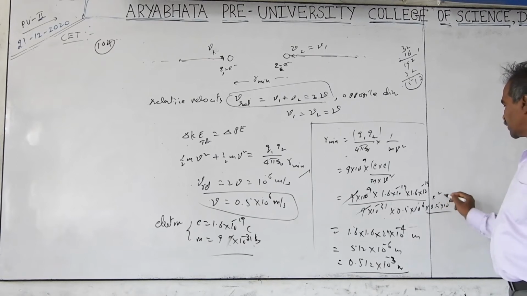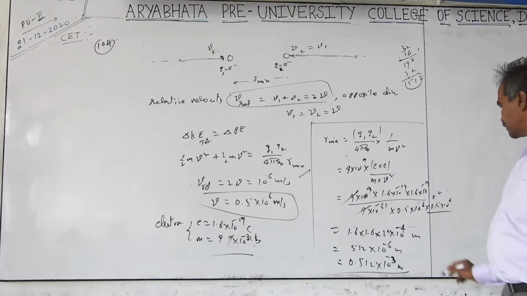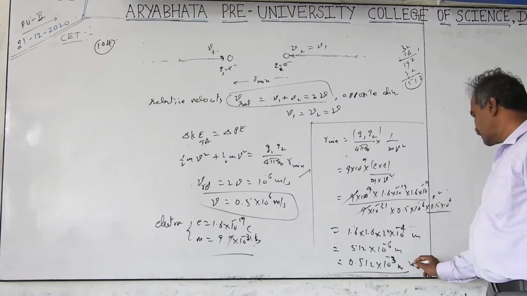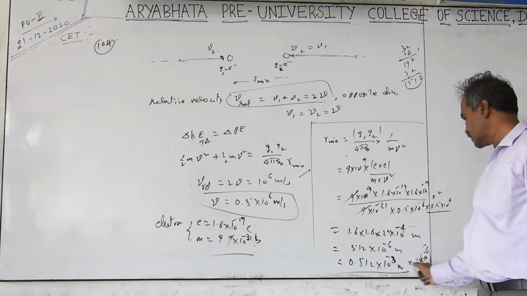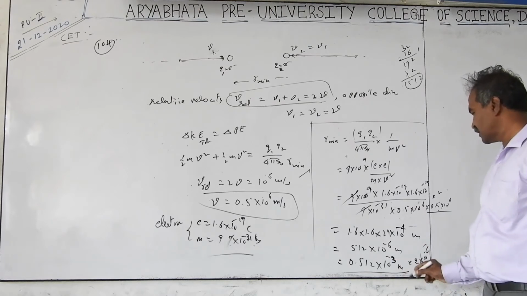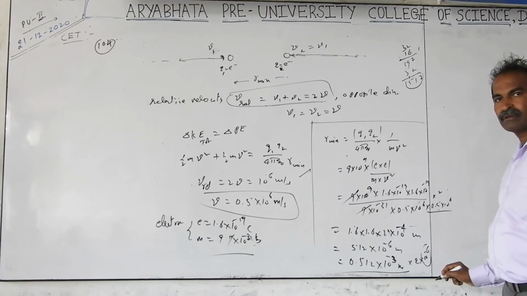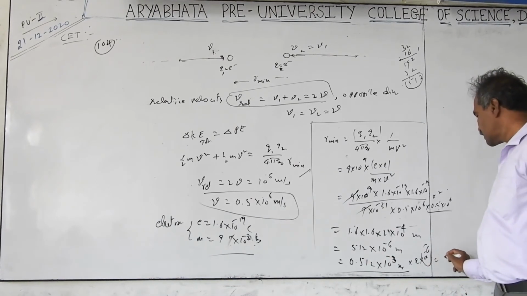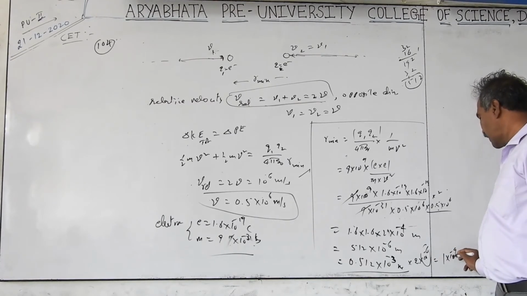Again this will be 2 into 10 to the power of 4 minus 6, 2 into 10 to the power of minus 6. Minus 6 minus 3 is minus 9. 1 nano you can get, but 2 into 0.1 is 1 unit. This is approximately 1 into 10 to the power of minus 9 meters.